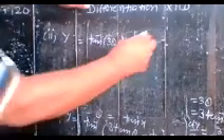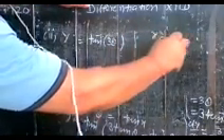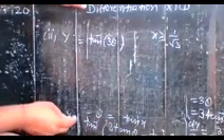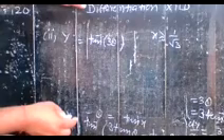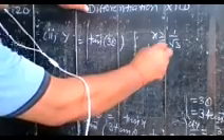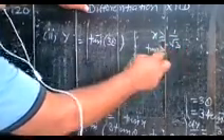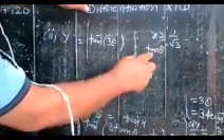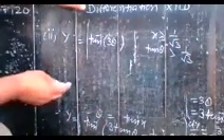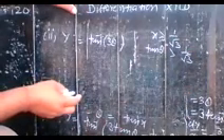Here it is given x is greater than 1 by root 3. So you can say that the value of tan theta, that means x, is greater than 1 by root 3.